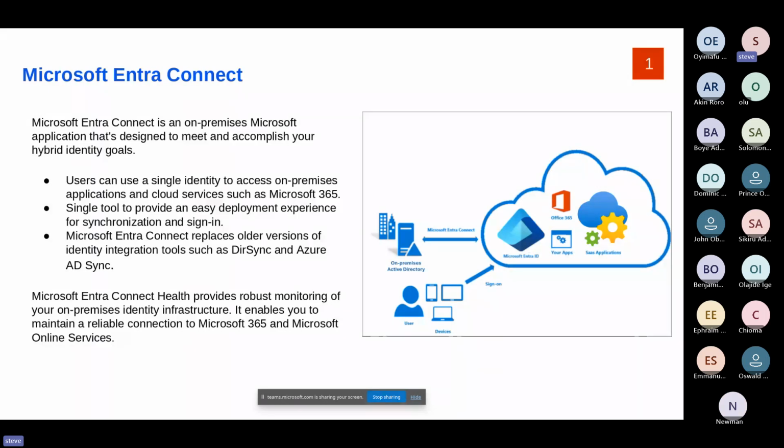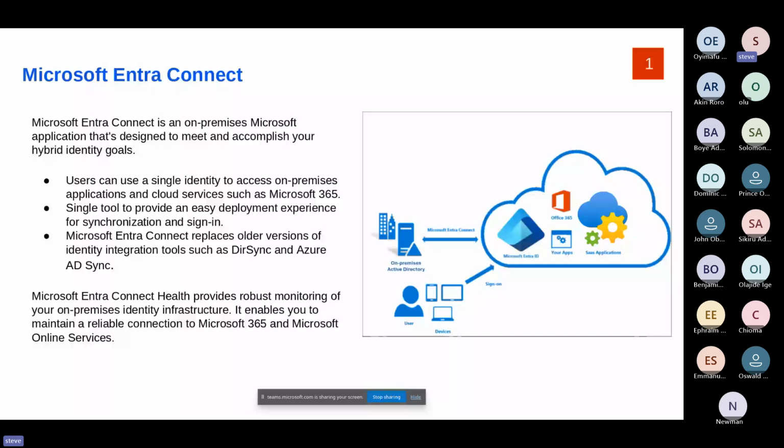So users can use a single identity to access on-premise application and cloud services. And then we also have another feature whereby it is a single tool to provide an easy deployment experience for synchronization and signing. And the Entra Connect replaces another version of identity integration tools such as the directory sync and the synchronization.